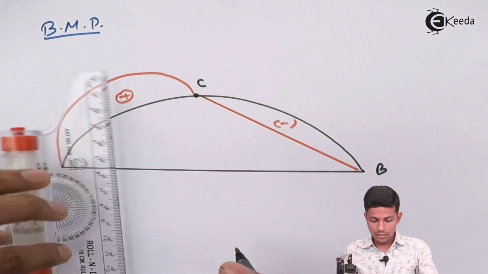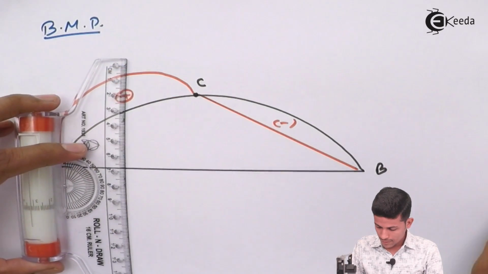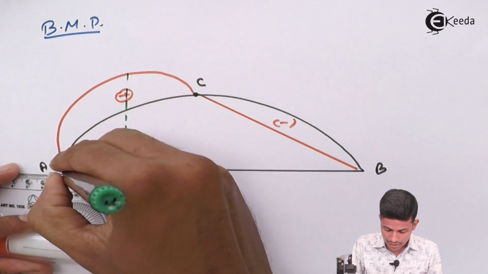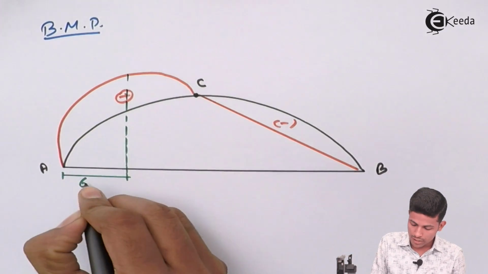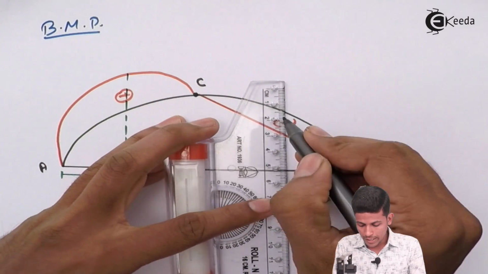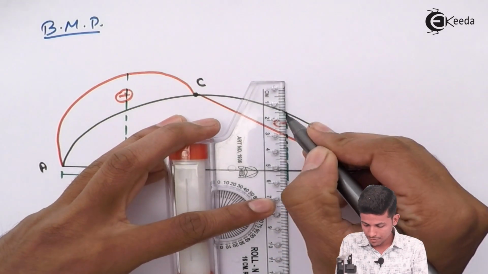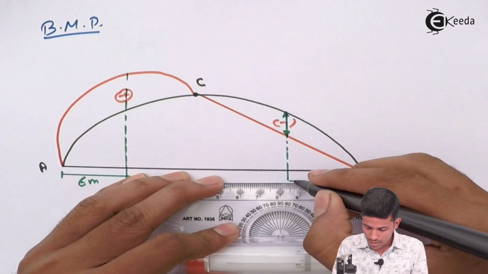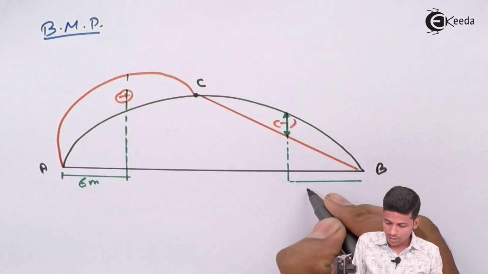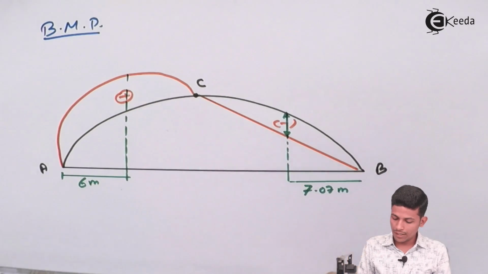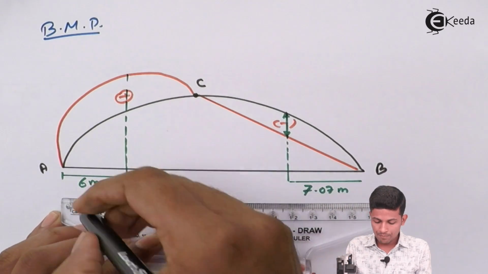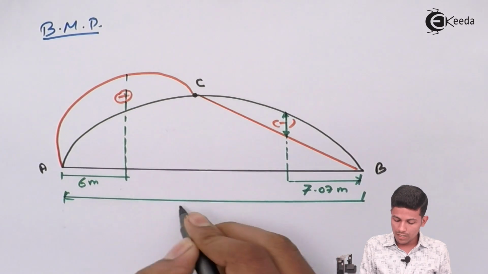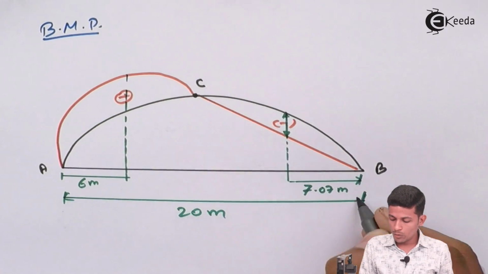Now here we find at 6 meter a maximum positive bending moment. Here the distance will be 7.07 meter. Total span will be 20 meter over here.